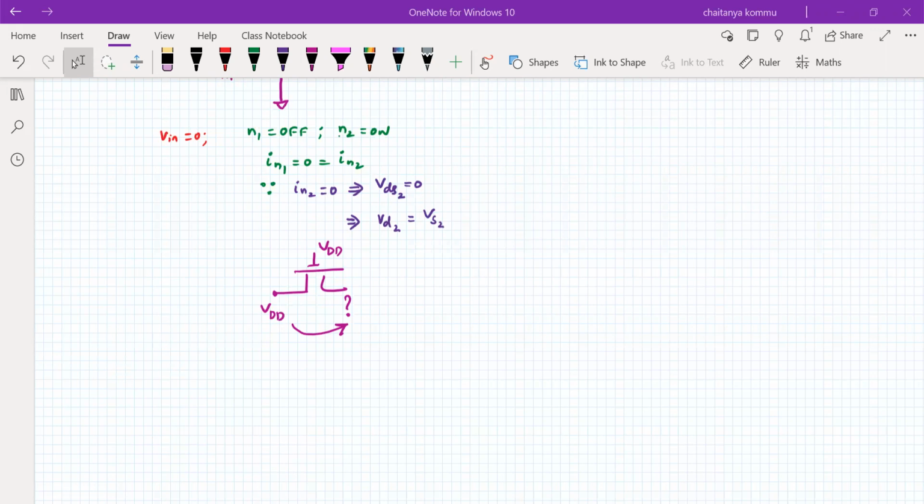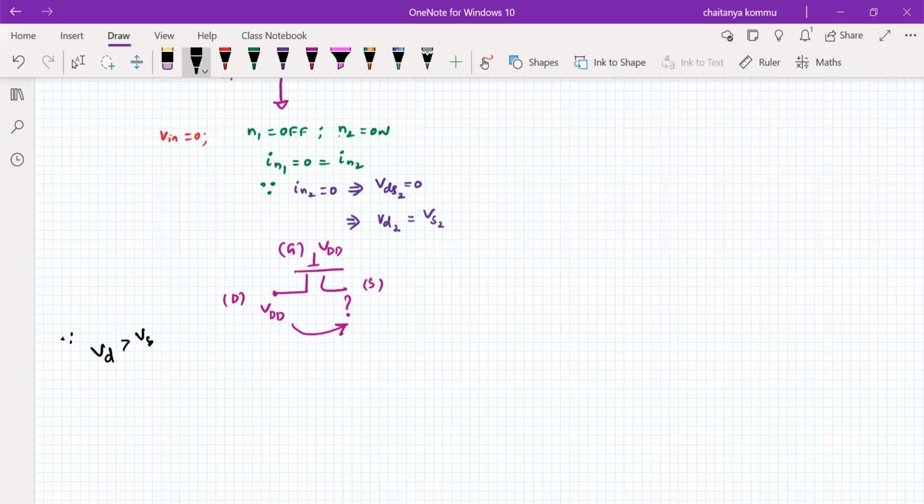So we treat this as the gate, and this is the drain. The source is at less than the drain potential. So VD should be greater than VS. That's the simple fundamental.